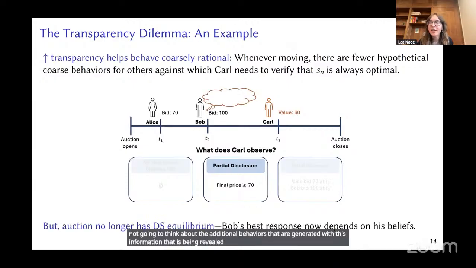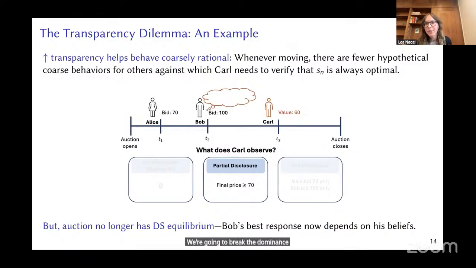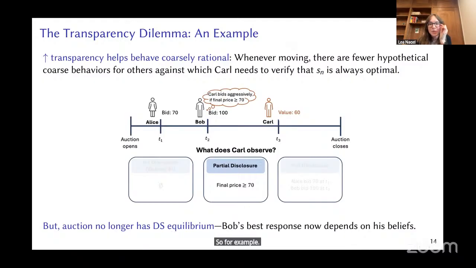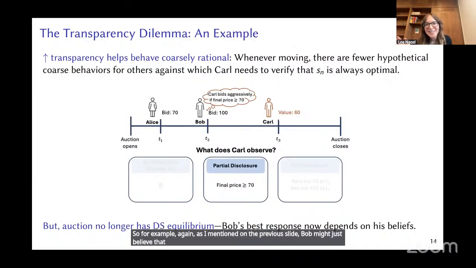In general, as we disclose any information in this auction, we're going to break the dominant strategy property, which means that potentially we are giving agents an incentive to think about these contingent, non-coarse behaviors. For example, as I mentioned on the previous slide, Bob might just believe that Carl is a crazy type who always bids aggressively if he observes some competition.